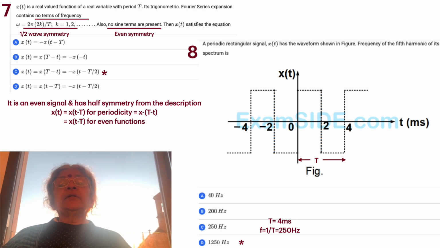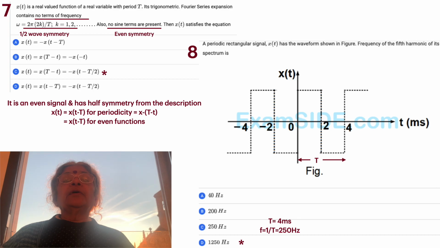So that's the second equality that is given there, equal to minus of x(t minus capital T by 2). So that's the right one. If you compare it with D, the first quantity is okay, but the second is not true. Of course the second answer is okay, but the first one is not.